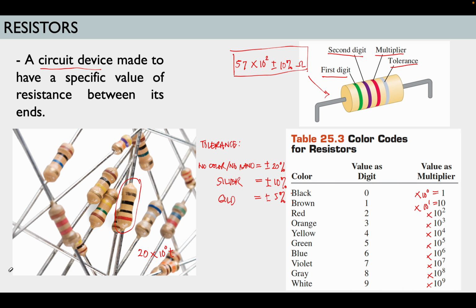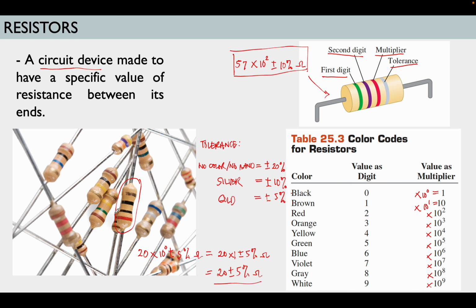Sorry. Plus minus 5% ohms. So we have 20 times 1 plus minus 5% ohms, or the value of the resistance of this specific resistor is just 20 plus minus 5% ohms.